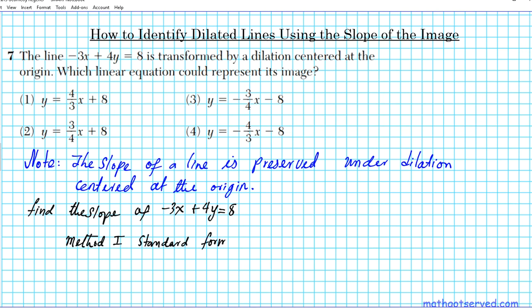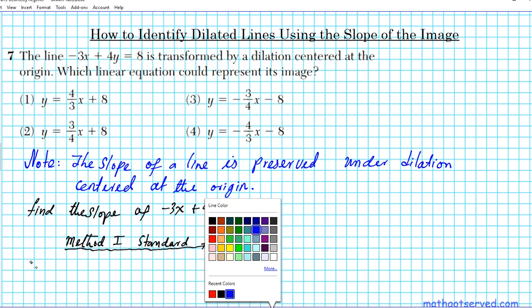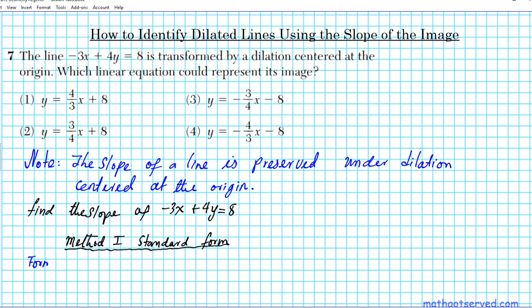So how do you find the slope of a line using the standard form? Well, you need to know what the formula is. The slope m is equal to negative a over b, where we have the form ax plus by equals c.